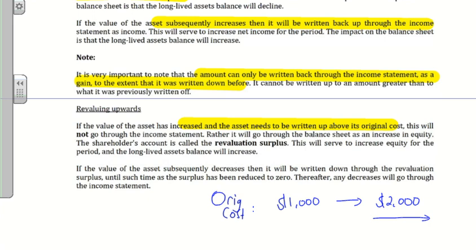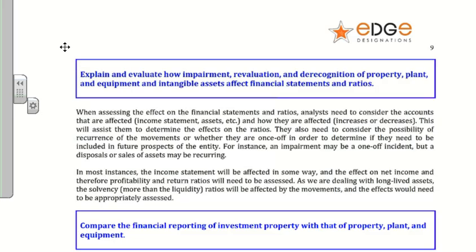That cannot go through the income statement. You can't say, well, look at that, there's a nice gain of $1,000, let me take that through to the income statement. We take it straight through to the balance sheet, and it's called a revaluation surplus, and it results in an increase in equity. If the value then goes down, just like we wrote it up through the balance sheet through the revaluation surplus, we will do the same thing on the way down. Okay. Top of page 9.